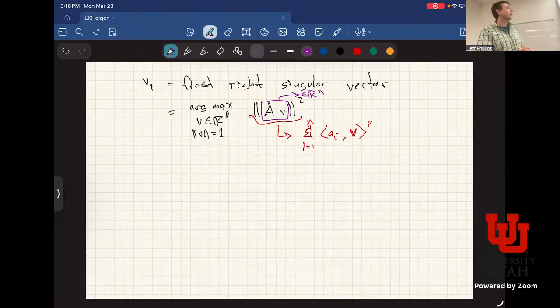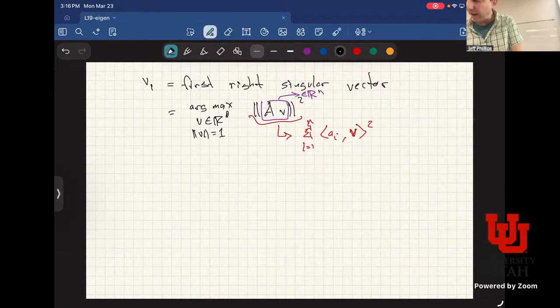So I can think of this as the norm. The first right singular vector is the one that is optimizing the maximum norm of projecting all the data onto it. Remember, the dot product is the projection, right?